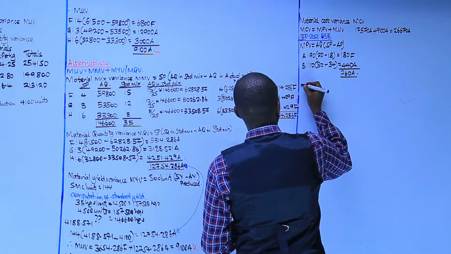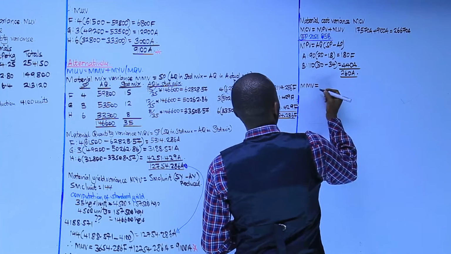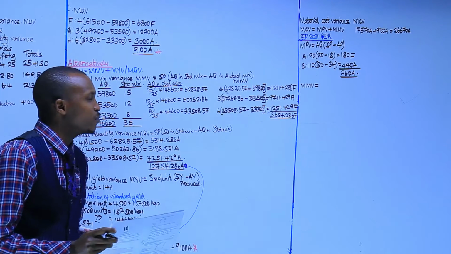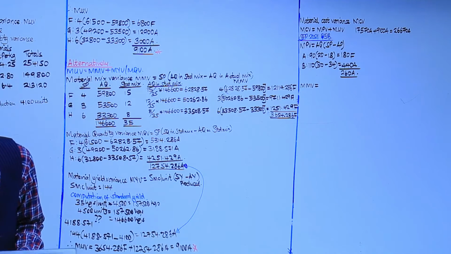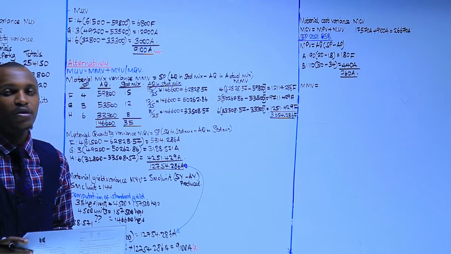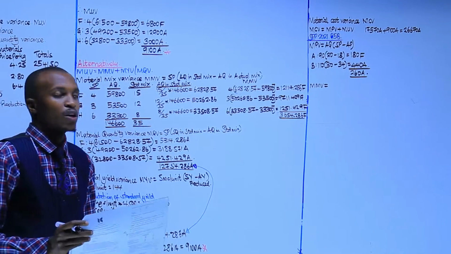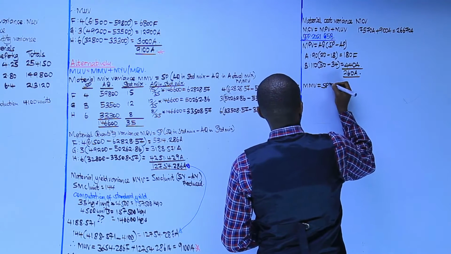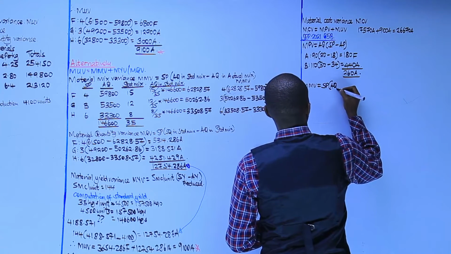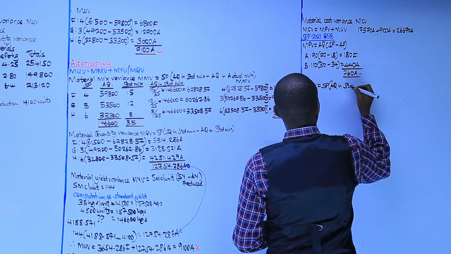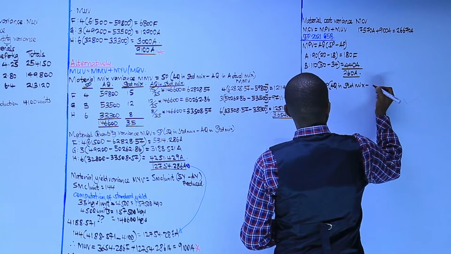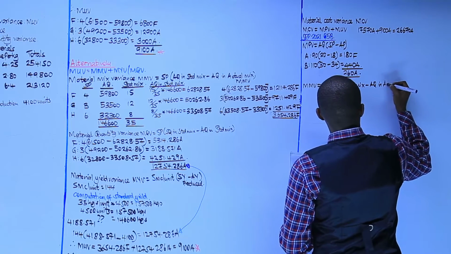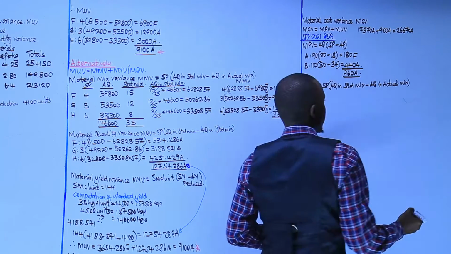Let's get our material mix variance. How do you get your material mix variance? You say it is your standard price times your actual quantity in standard mix minus your actual quantity in actual mix.